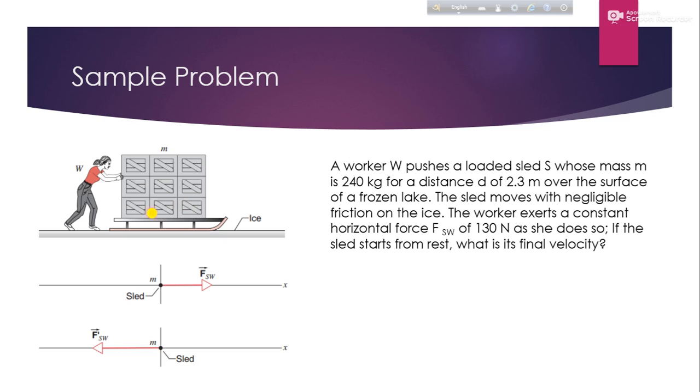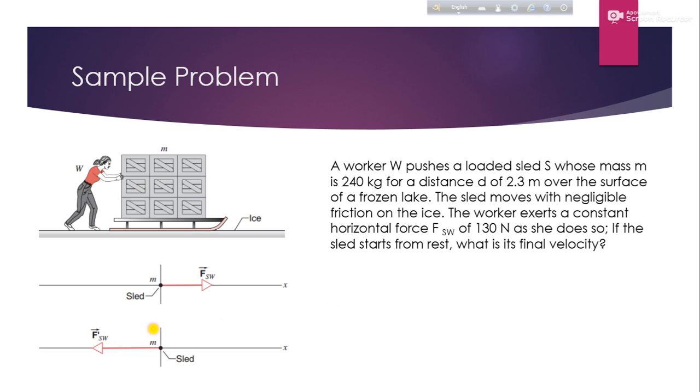So we are considering this to be a particle, and we are seeing the forces. The force FSW, a vector, is applied in this direction, and also a reaction force will be acting, coming from S to W. So FWS, or we have written it here as FSW, in the opposite direction.